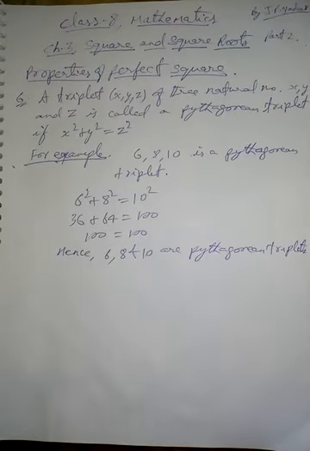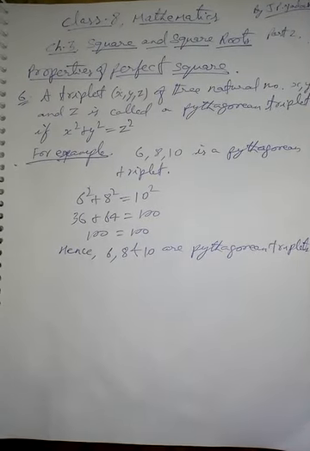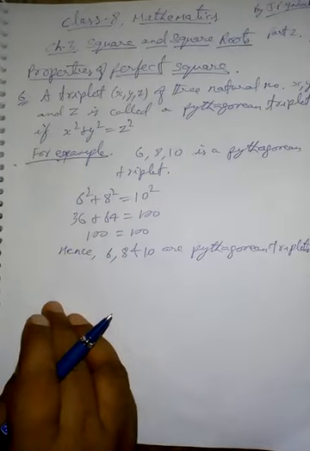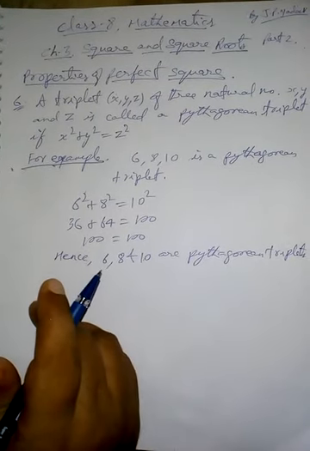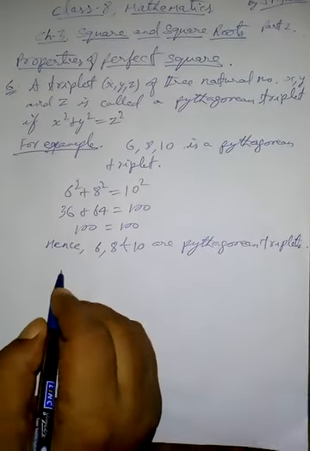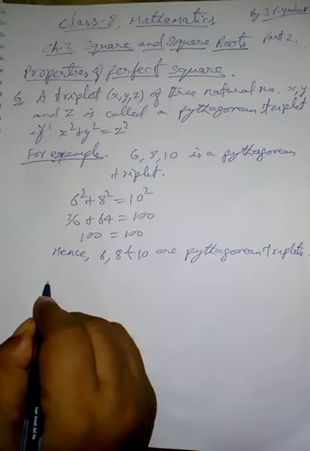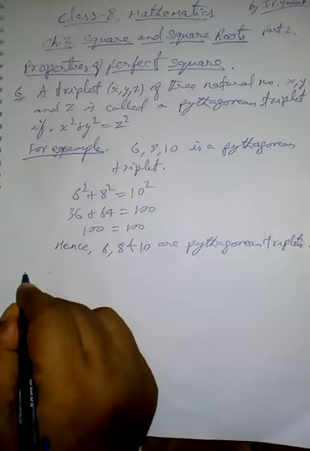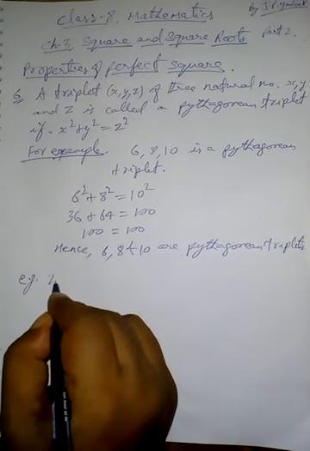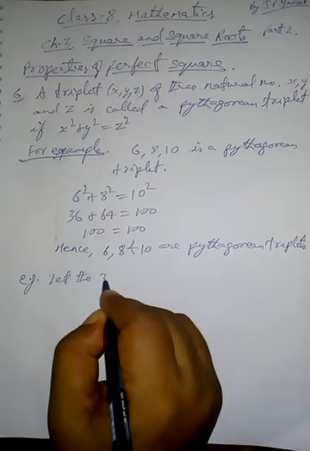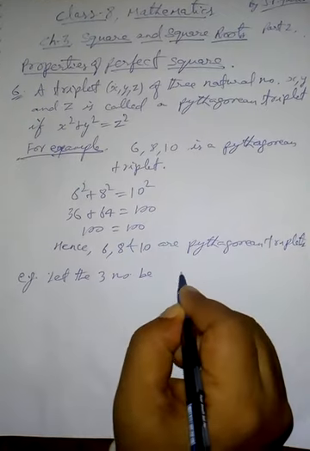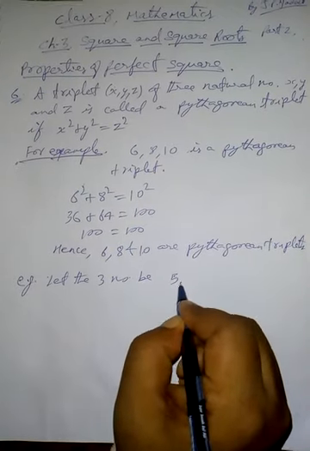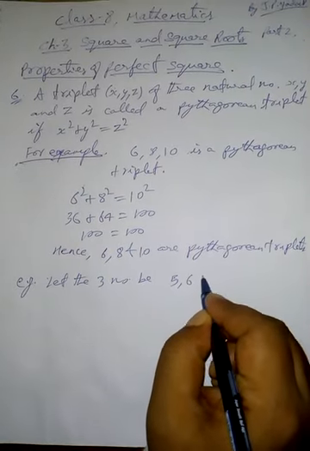Another example for the Pythagorean triplet: let the three numbers be 5, 6 and 7.